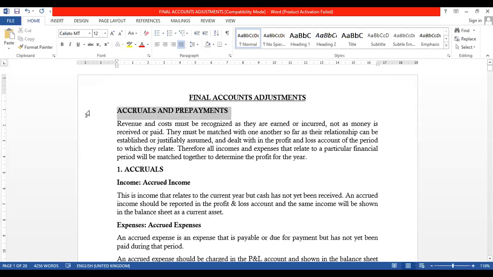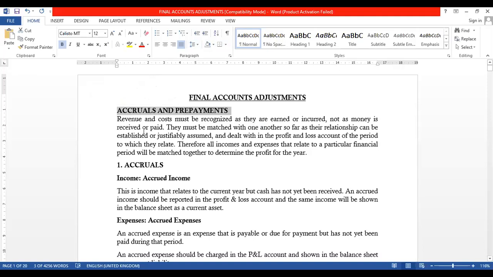And one of the items that I've written here is what we call accruals and prepayments. Now, if you're keen, you remember that when you started learning the unit, there are things that we looked at and called principles and concepts, right? We are going to apply them when we are dealing with these things.